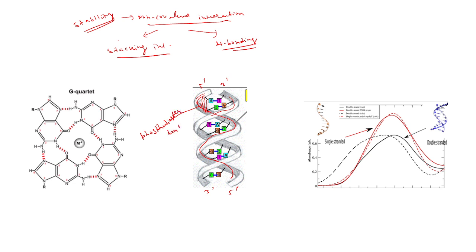In the previous video we have already studied this. Another is called the hydrogen bond, which is formed between the complementary nucleotides. Another bond is formed between the bases, and this bond is called the stacking interaction.